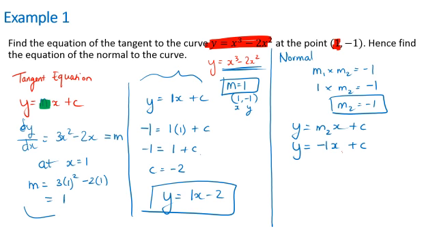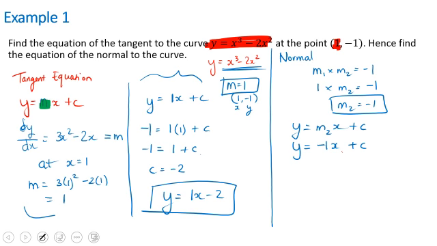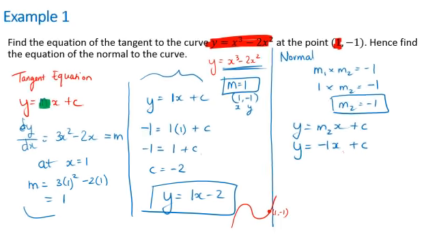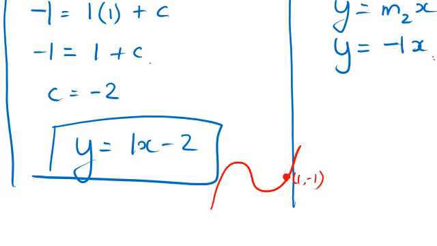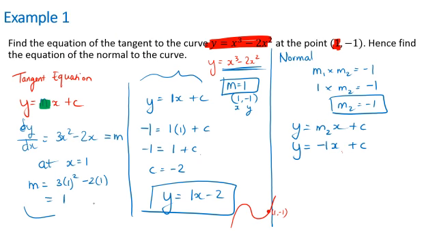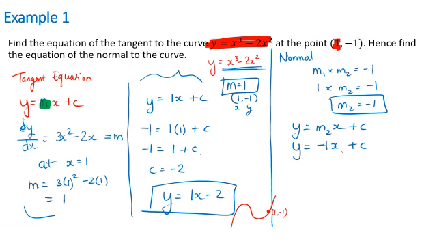Remember, if it's a cubic at 1, negative 1, I've got two lines, and these two lines are my straight lines where one is a tangent, and then I've got a normal.